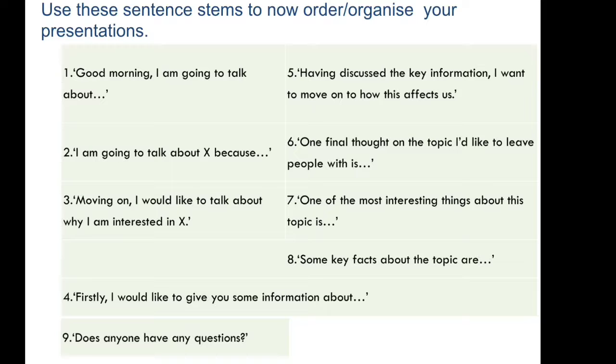Or you could say, having discussed the key information, I want to move on to how this affects us. Or one final thought on the topic I'd like to leave people with is, or one of the most interesting things about this topic is, or some key facts about the topic are.